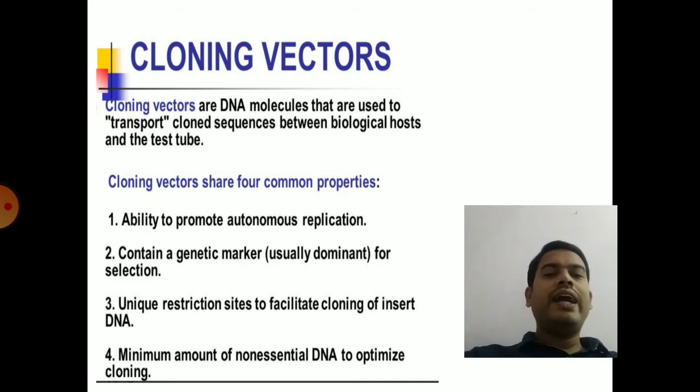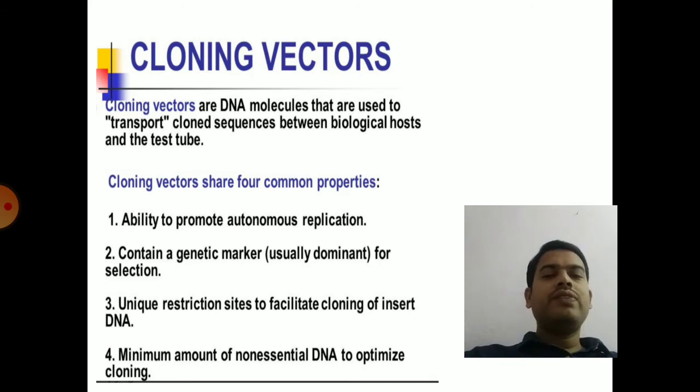It will be an antibiotic resistance marker or some other marker which is used to select the transformed cells from the non-transformed cells. So that is the use of the genetic marker. Unique restriction sites: restriction enzyme cleavage sites should be there, where if you treat with restriction enzymes, they will produce a gap. In that gap, you can insert your gene of interest or your foreign DNA.